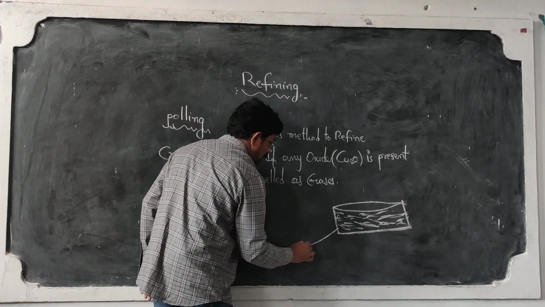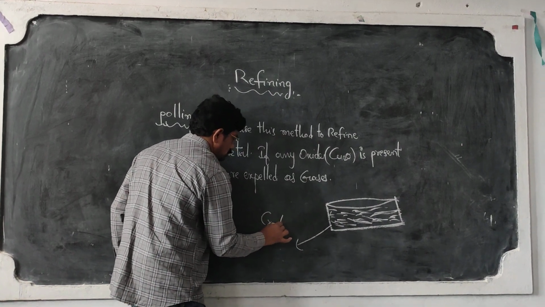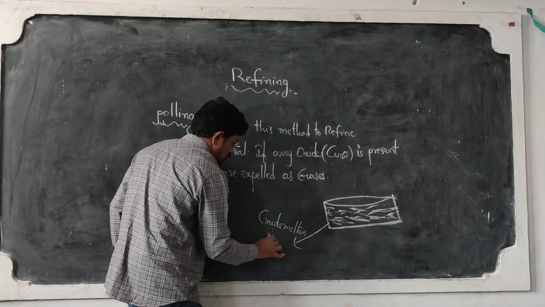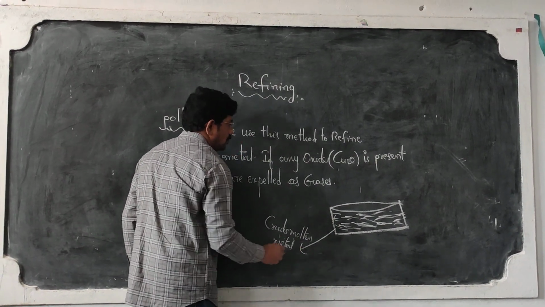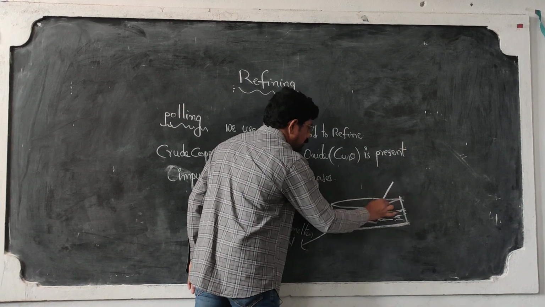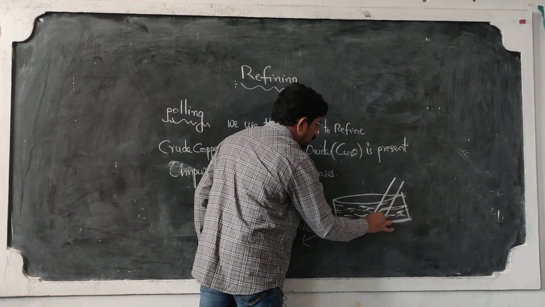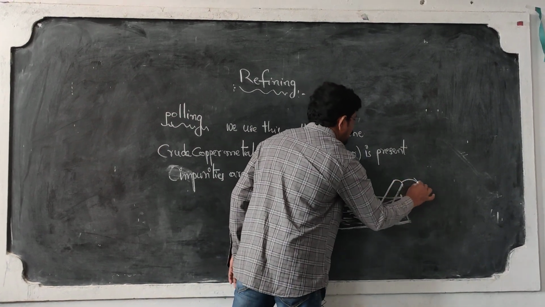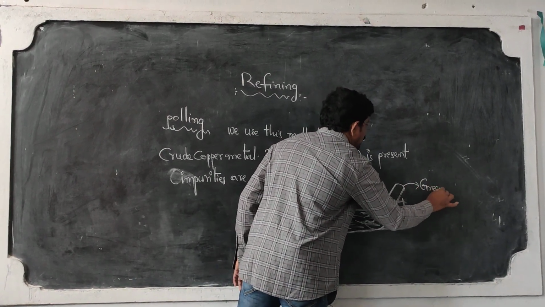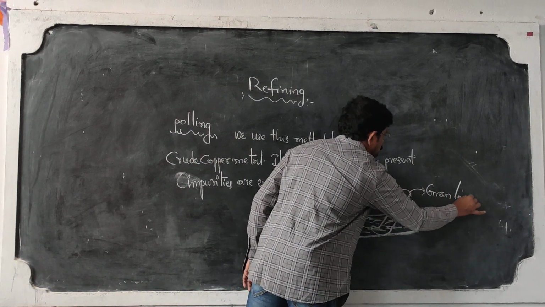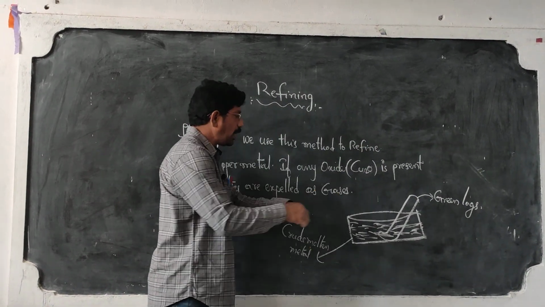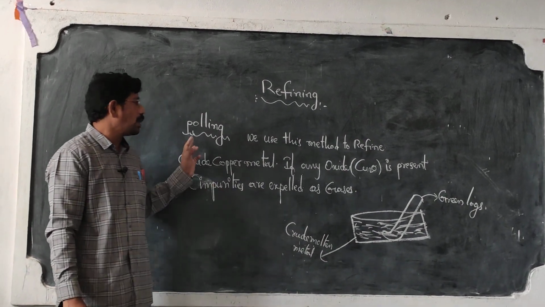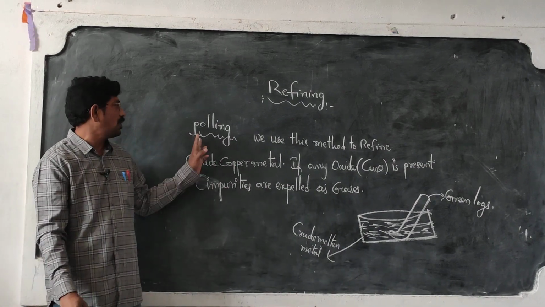This crude molten metal is continuously stirred with the help of green logs. Green logs. It is continuously stirred, to get the pure copper metal. This method is known as poling.